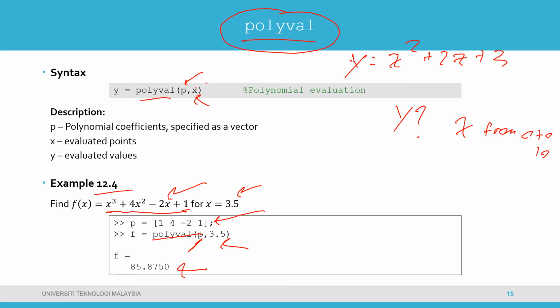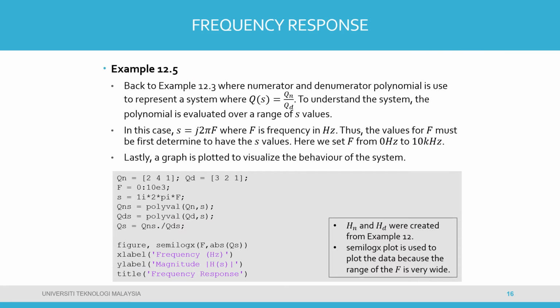This one is simple, but if x is from 0 to 10, it is much more difficult to analyze, so I will show you in the next example. Frequency response is one of the applications for polynomials. Basically, you have a system, Q(s), and you want to know whether the system is stable or not.